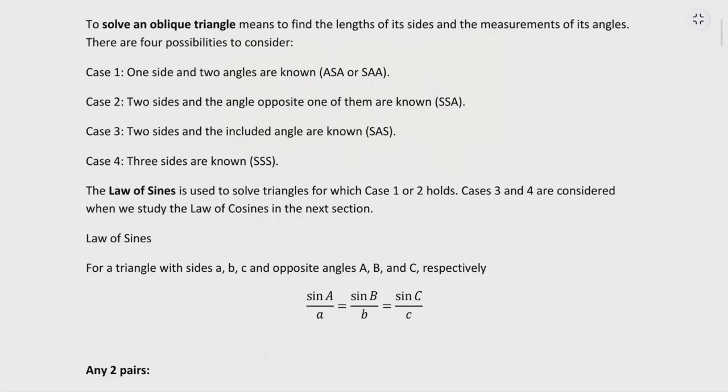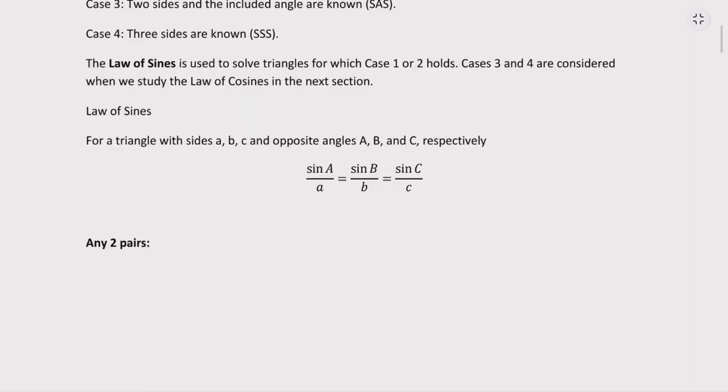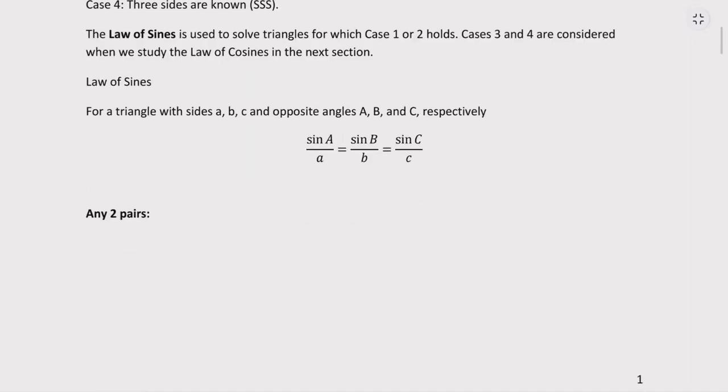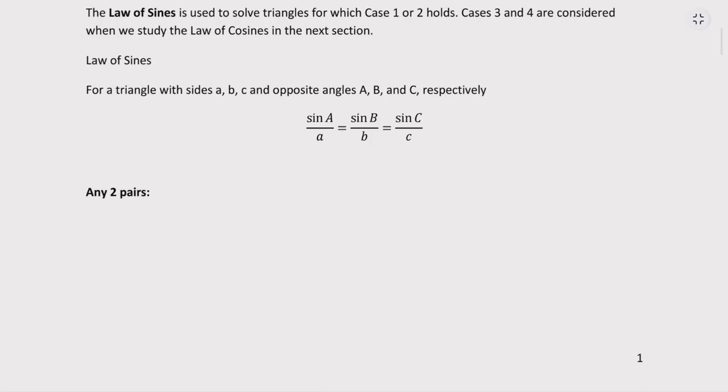The law of sines says for a triangle with sides a, b, c and opposite angles A, B, and C respectively, then the proportion sine A over a is equal to sine B over b is equal to sine C over c. And we can use any two of these pairs. So we could say sine of A over a equals sine of B over b.